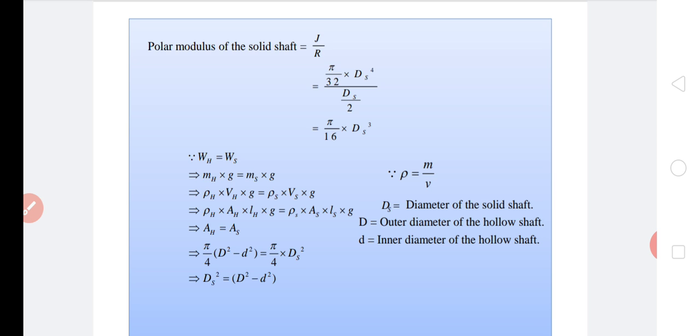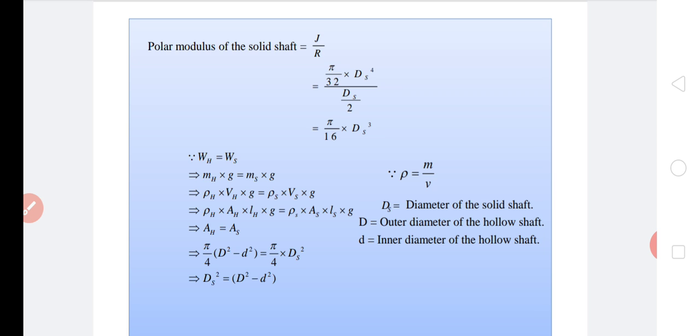So m of H into g equals m of S into g. On the other hand, density equals mass per unit volume, that is rho equals m by V.